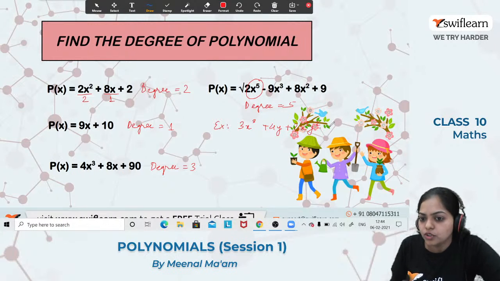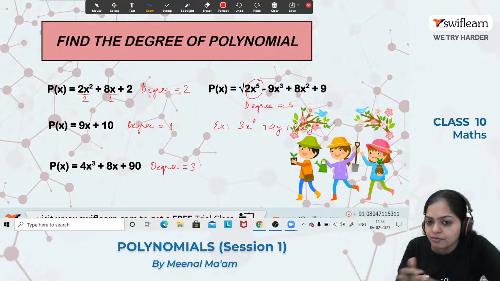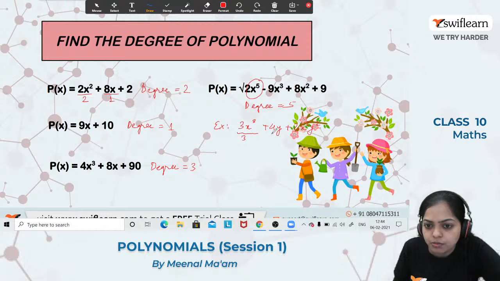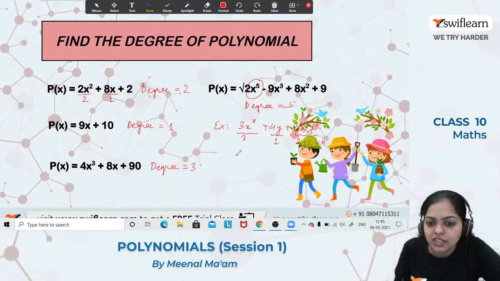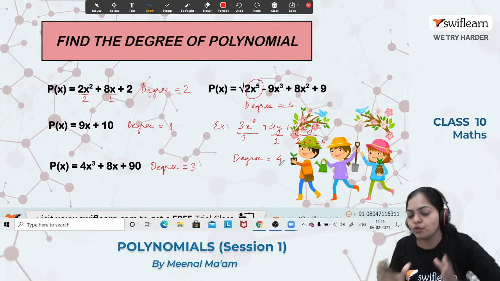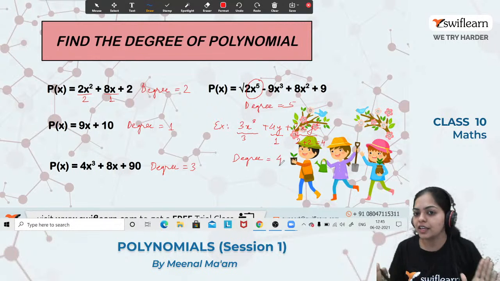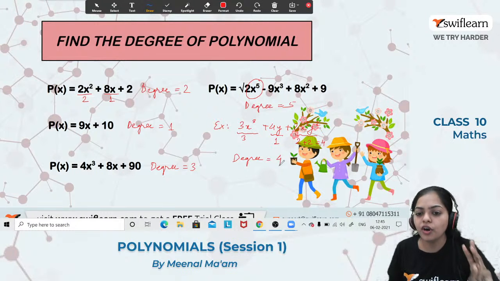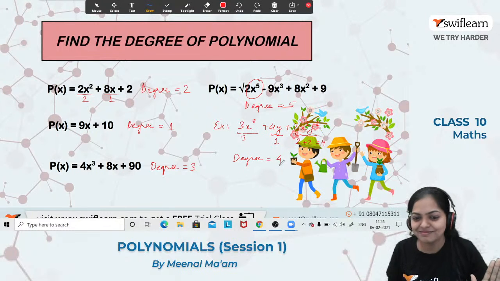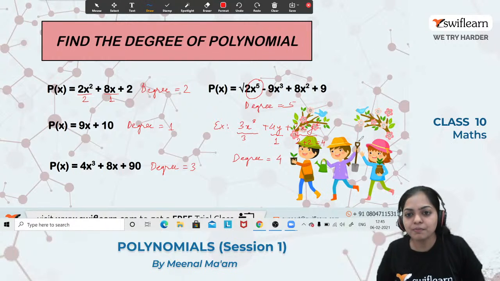The exponent power of the first term is 3, the second term is 1, and the third term is 2 plus 2, that means 4. So the degree is the highest exponent power, and here it is 4. In this way you can find the degree of any polynomial, whether it is in one, two or three variables. Got it? Till here, any doubt anyone?